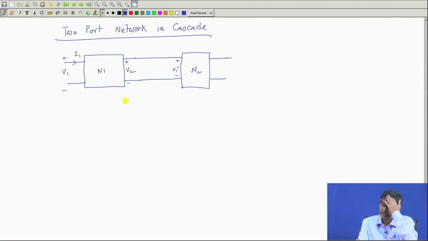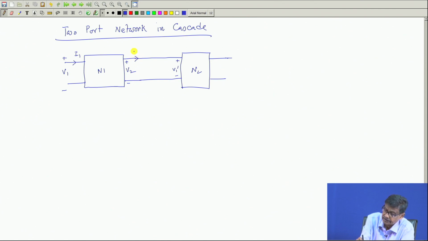If these two networks are connected in cascade, representing each one of these two port networks in terms of its ABCD parameters is beneficial. Then the product of these two matrices will give you the overall two port network. For example, let us try to do that.